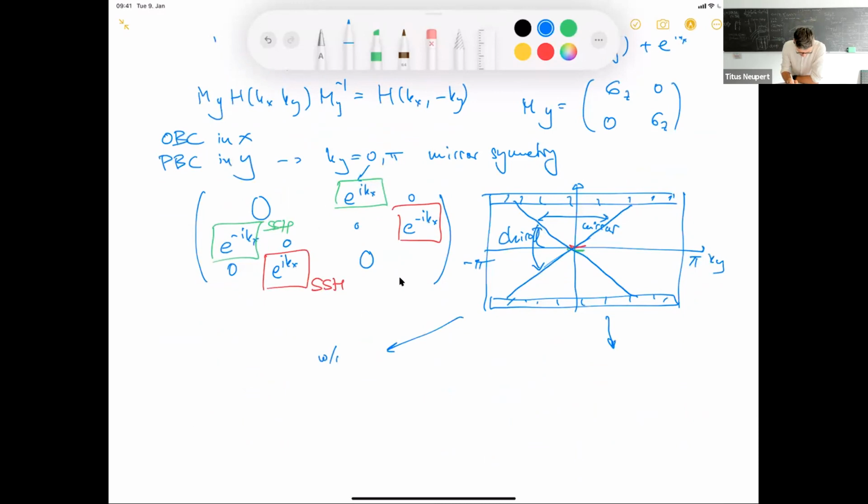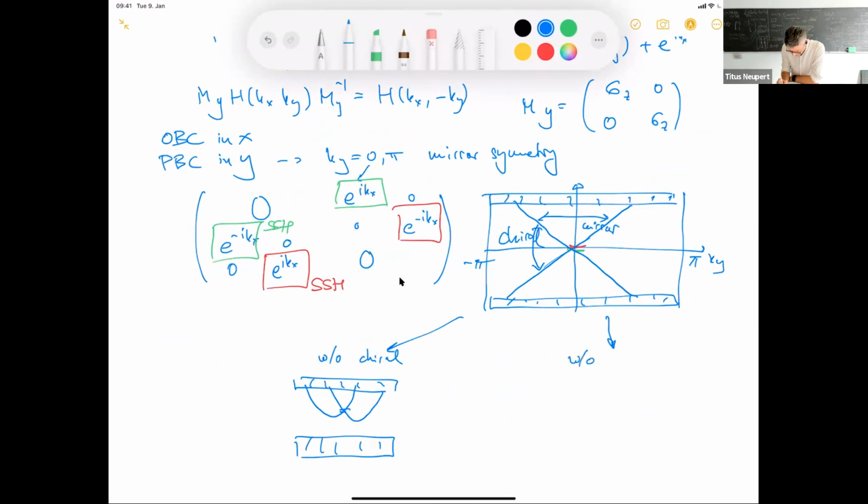Specifically, if I was to consider a case without chiral symmetry, then what I could have drawn is something like this. Without chiral symmetry, this would be mirror symmetric. You have the double degeneracy here, but there's no topology in the sense that there's no spectral flow across the entire gap.